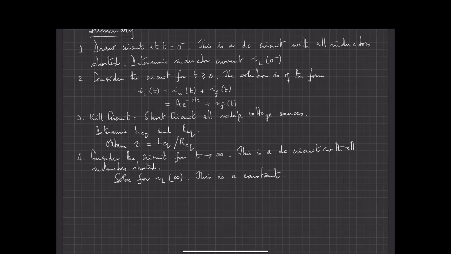Okay. Step 5. Since IL at 0 minus is equal to IL at 0 plus, the current through an inductor cannot change instantaneously.